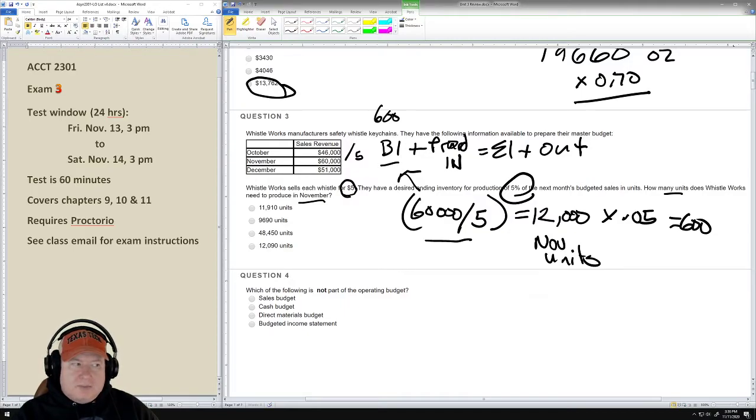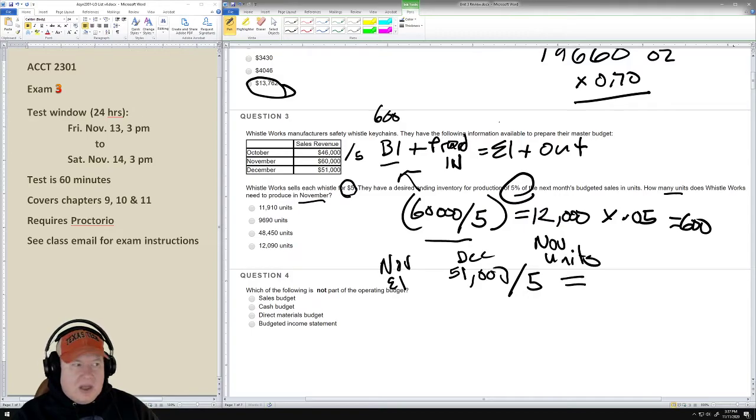Okay, production in. Well, the production that's coming in is, I mean, we need to produce. Ending inventory is going to be 51,000. So November's ending inventory is going to be the next month. 51,000 is going to be December volume divided by 5.